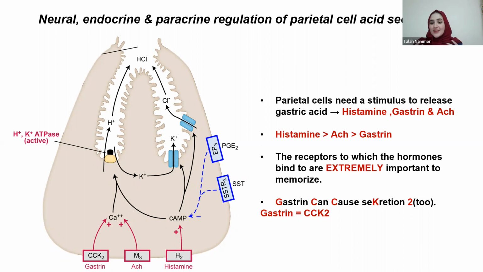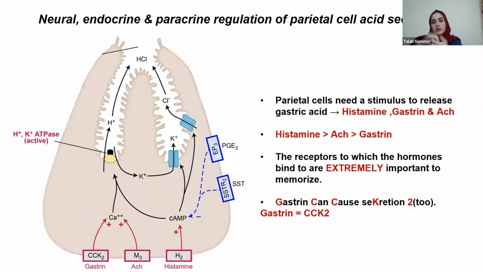Anyways, let's go back to the big boss situation. So let's say we're not eating, and we don't need acids. So what happens? The big boss somatostatin comes and binds to its receptor.